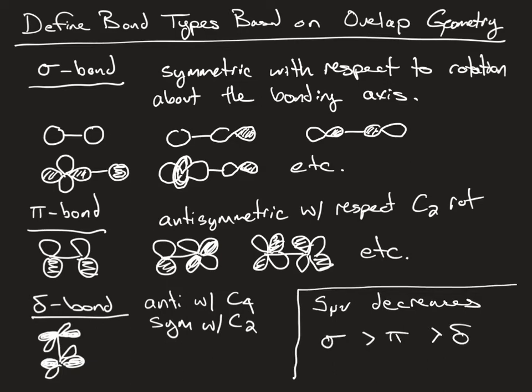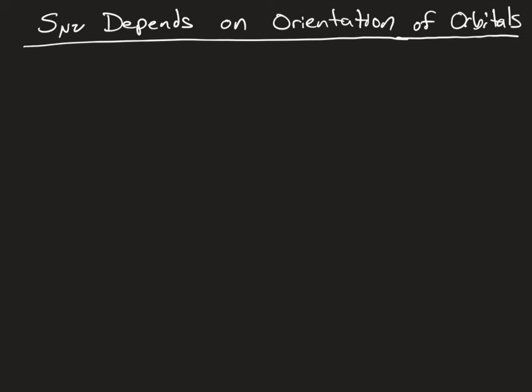So overlap integrals are largest for sigmas, smaller for pi's, and even smaller in magnitude for delta bonds. We're now going to start talking about the dependence of this overlap integral on distance of the two orbital fragments from one another, as well as their geometric orientation relative to one another.